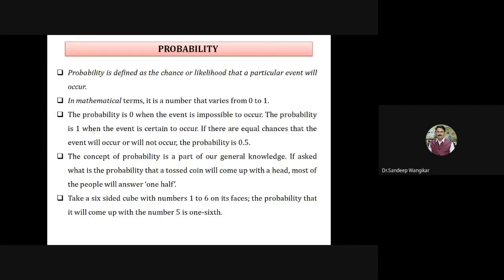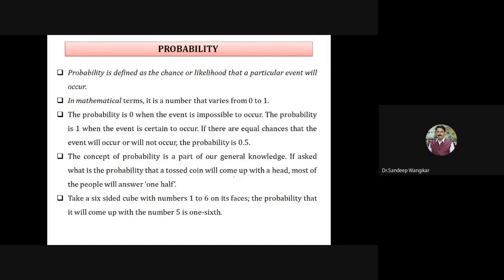What is the probability that number 5 will occur? I can say 1/6. What is the probability that number 1 will appear? 1/6. Number 2 will appear, again the same. Whatever number you take, the probability is 1/6, because any number can appear. So we can simply say the probability is 1/6.